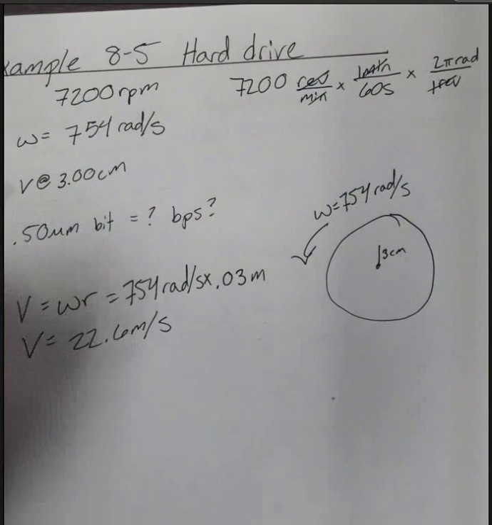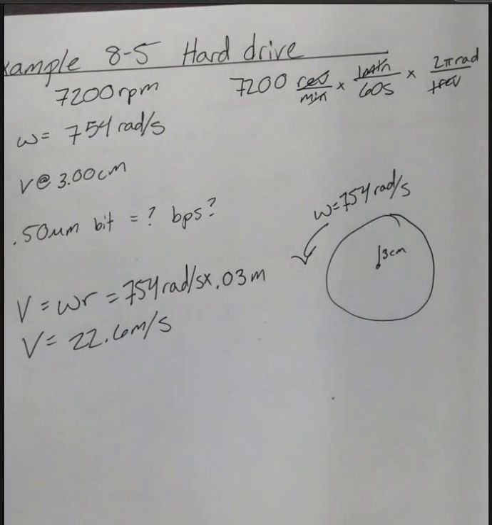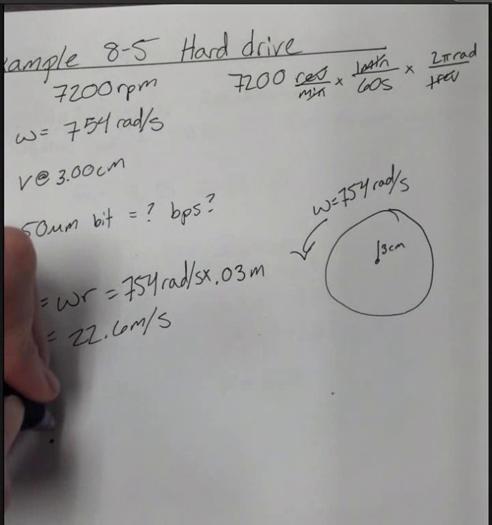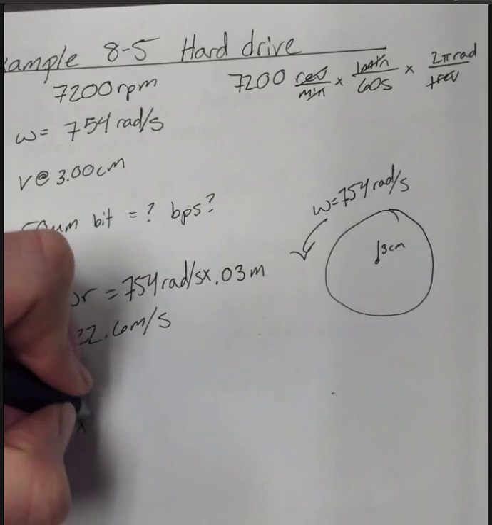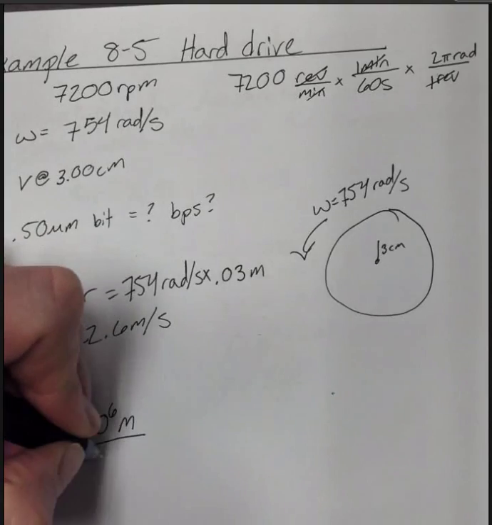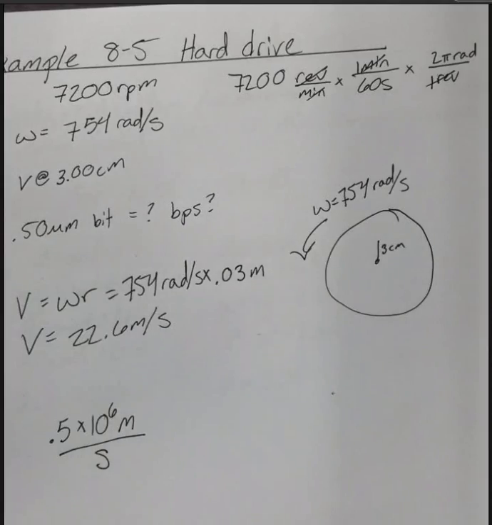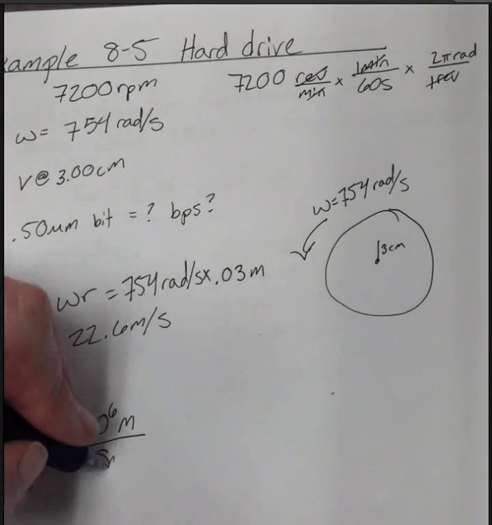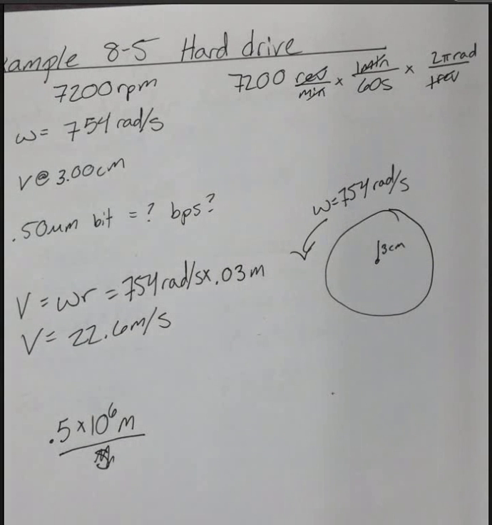Now, the last thing that we can determine is if a single bit requires 0.5 micrometers of length along the direction of motion, we can figure out how many bits per second the writing head can write if it's 3 centimeters from the axis. And so you might be saying, what? Well, here's the thing. The writing head can record 0.5 micrometers, that's 0.5 times 10 to the negative 6 meters, per bit, and the object is moving at 22.6 meters per second.